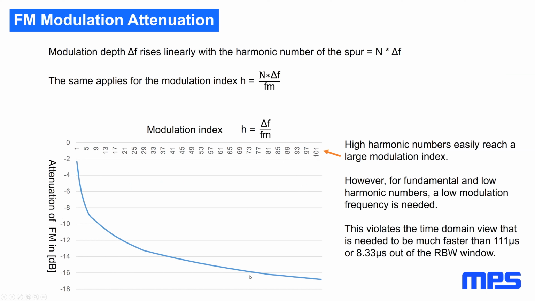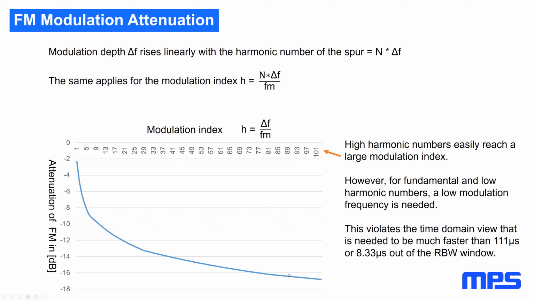So from first glance, the best would be to get a modulation signal which gives a high modulation index. If we have, say, a delta F of 20% or so, which means low modulation frequencies would give good attenuation, because that would give high modulation index.